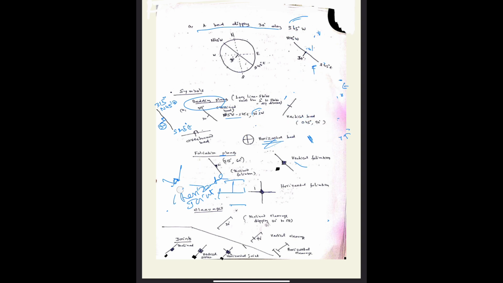Now we will switch over to the representation of linear features in a map, or how linear features are represented in a map.